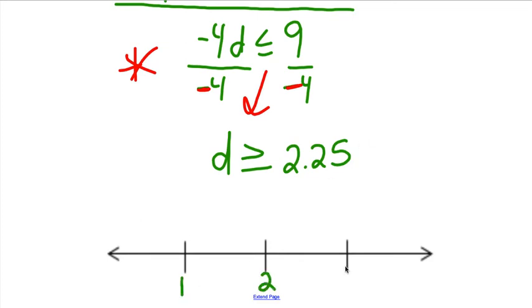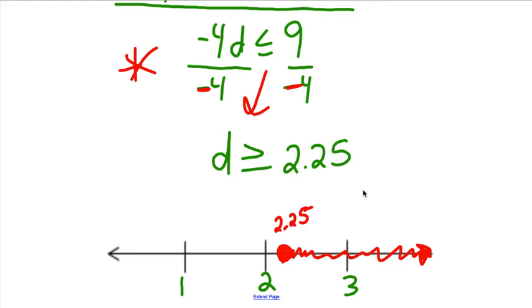I'm going to go 1, 2, 3 on the number line, and then we'll say right here is my 2.25. Okay, that's a closed circle. Greater than means I'm shading to the right. Again, we like to show you that decimals are a possible solution, because sometimes when we see a number that's not an integer, we think we did something wrong, but it is possible here, so we do get a decimal.